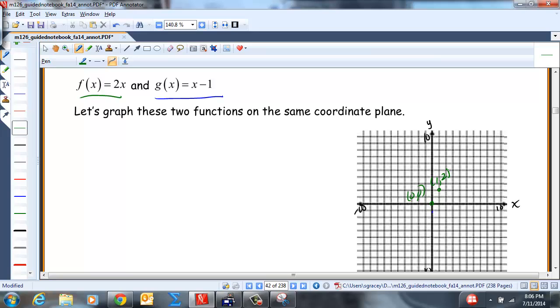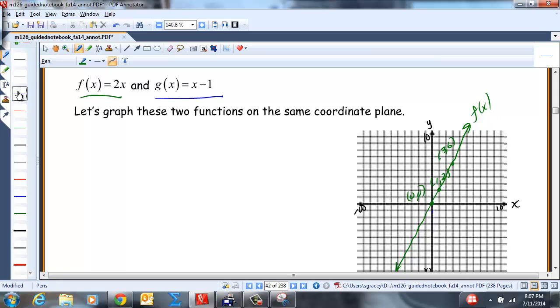And when x is 3, we'll be up here at 3, 6. Okay, so far? All right, so this, of course, is our f at x.